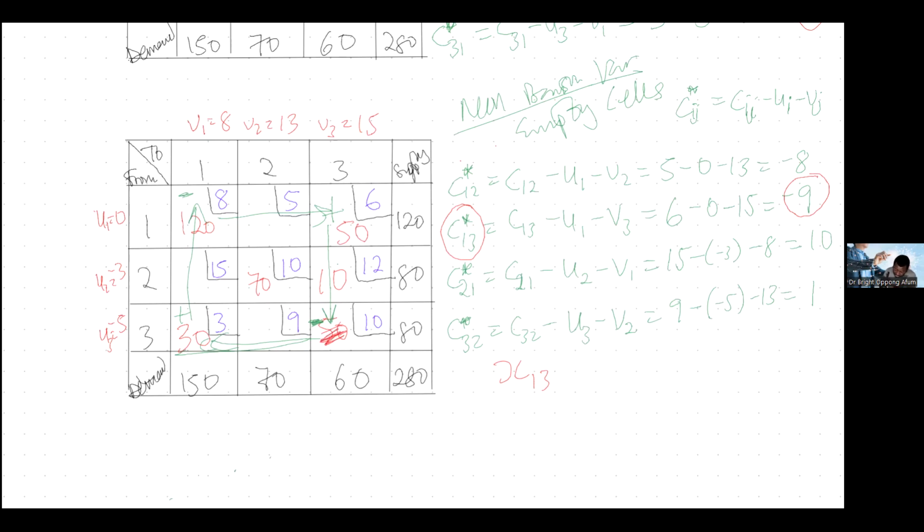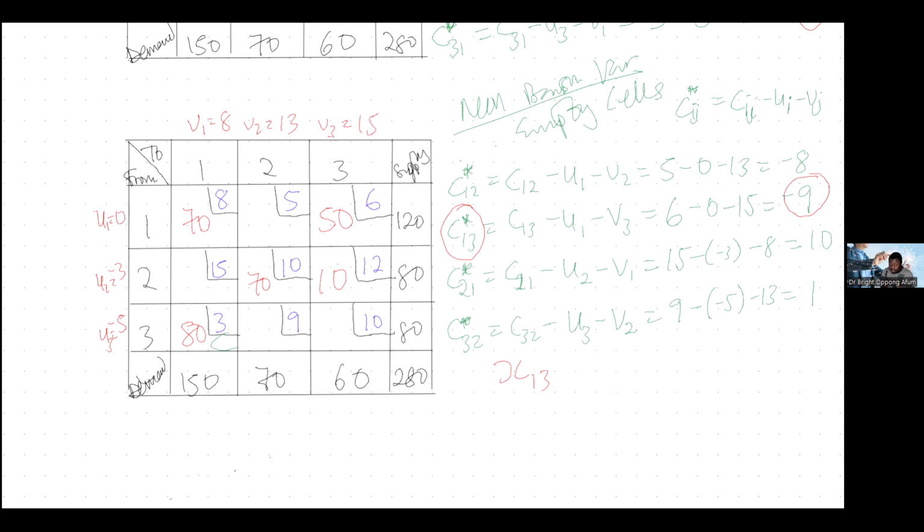It comes here and adds to this, so that we have our 80 here, and comes here and subtracts from that, and we have 70 here. Okay, so to clean the table, we shall have this. So that's our new tableau and our new iteration.